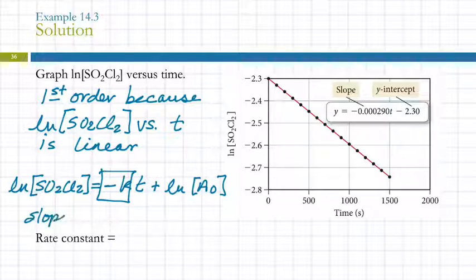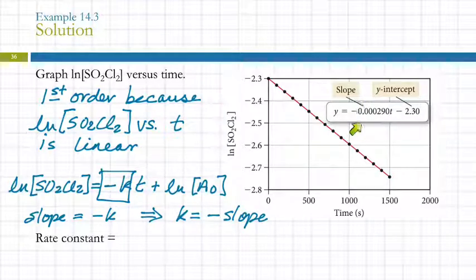Slope equals negative k. So if we want to know what k, the rate constant, is, this was one that's so simple that it's sometimes difficult. What does k equal? Negative slope, right?